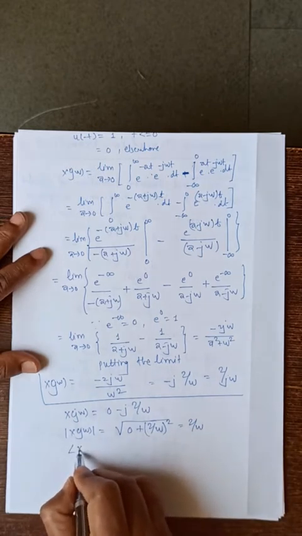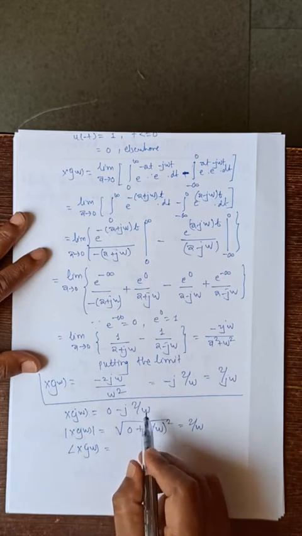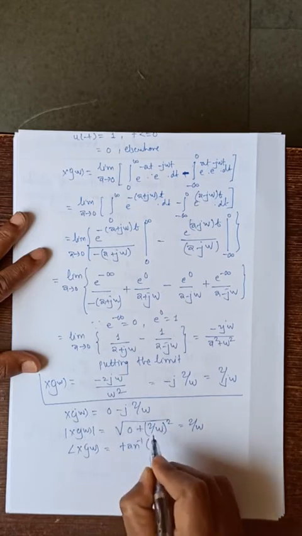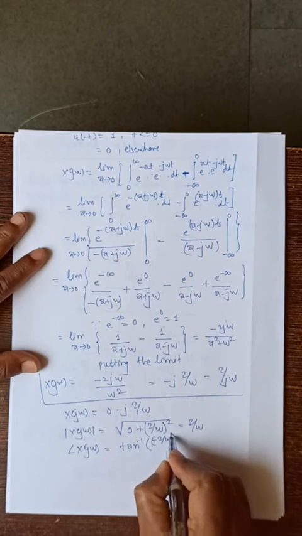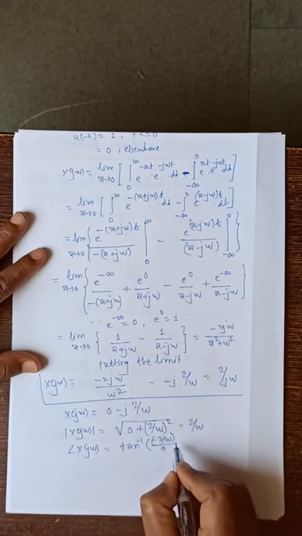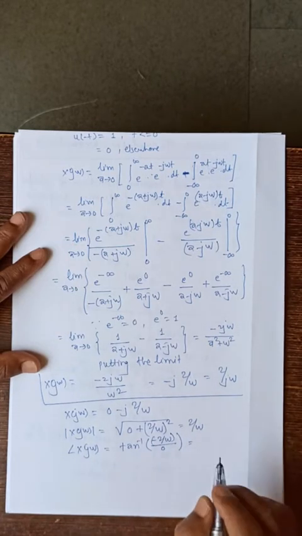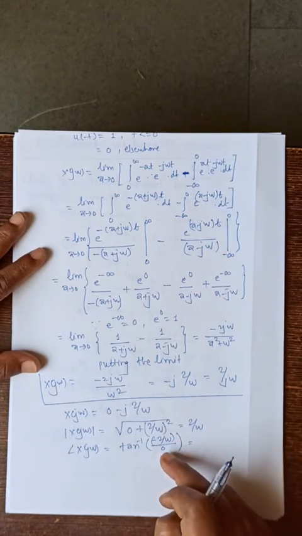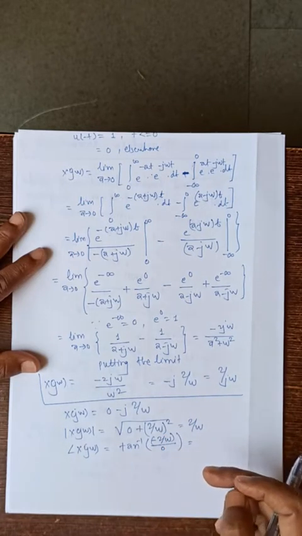And the angle of X of j omega is equal to tan inverse of imaginary part, that is minus 2 by omega, divided by real part. Real part is equal to 0, so that is tan inverse of infinity. If you put imaginary part equal to some value divided by 0, that is tan inverse of infinity.